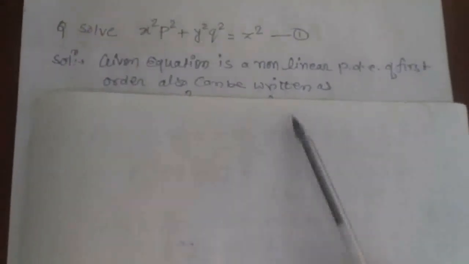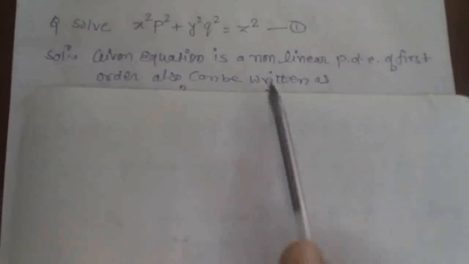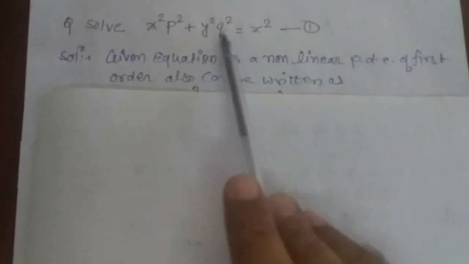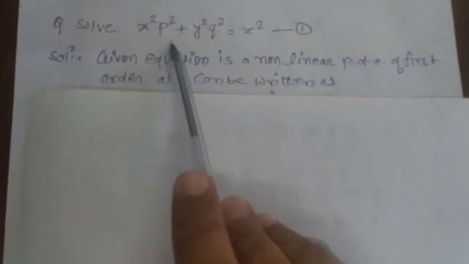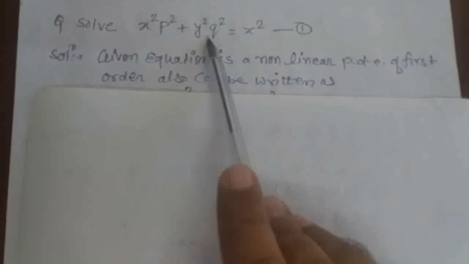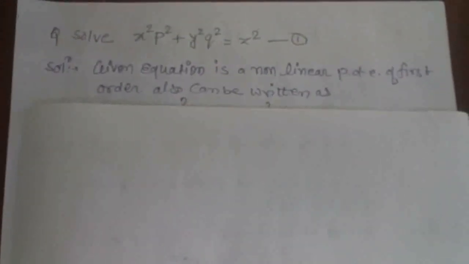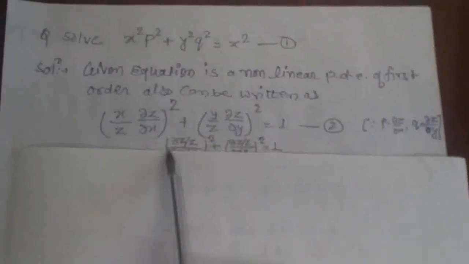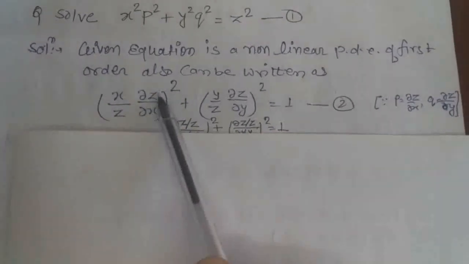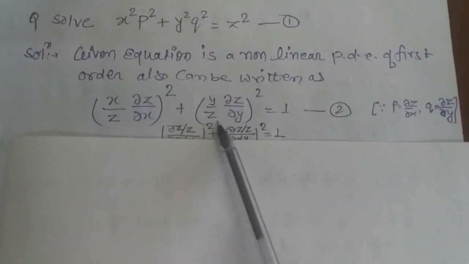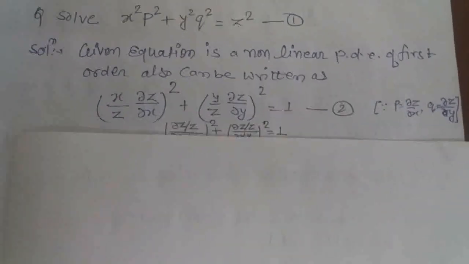Let us see. Equation 1 can also be written as, we transfer z square to the left hand side, we get x square by z square p square plus y square by z square q square equal to 1, which is (x by z, p stands for del z by del x) whole square plus (y by z, q stands for del z by del y) whole square equal to 1.